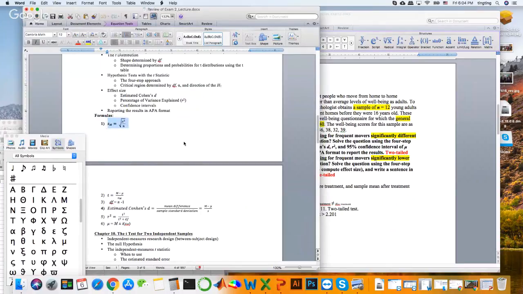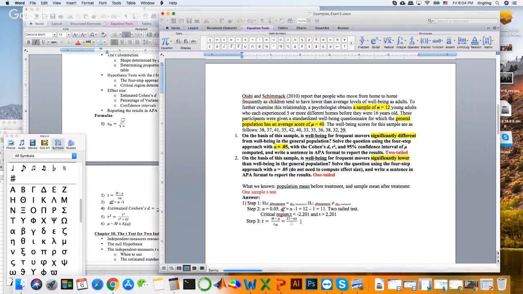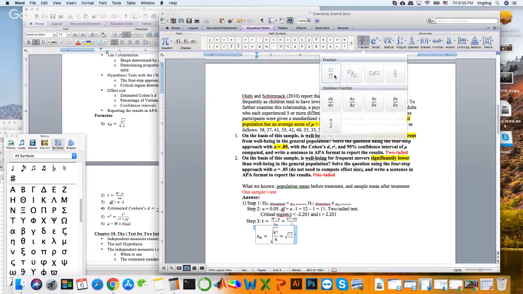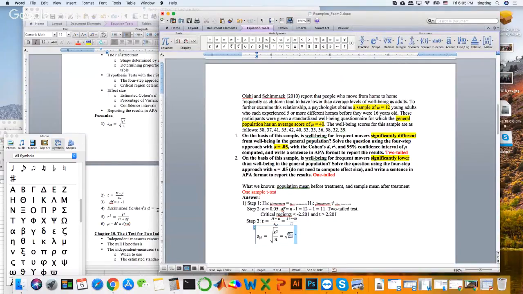Here we need to compute, which equals the S squared over N. Okay, we still don't know the S squared. If you go back to the previous chapter, you can know the S squared equals SS divided by the degrees of freedom.